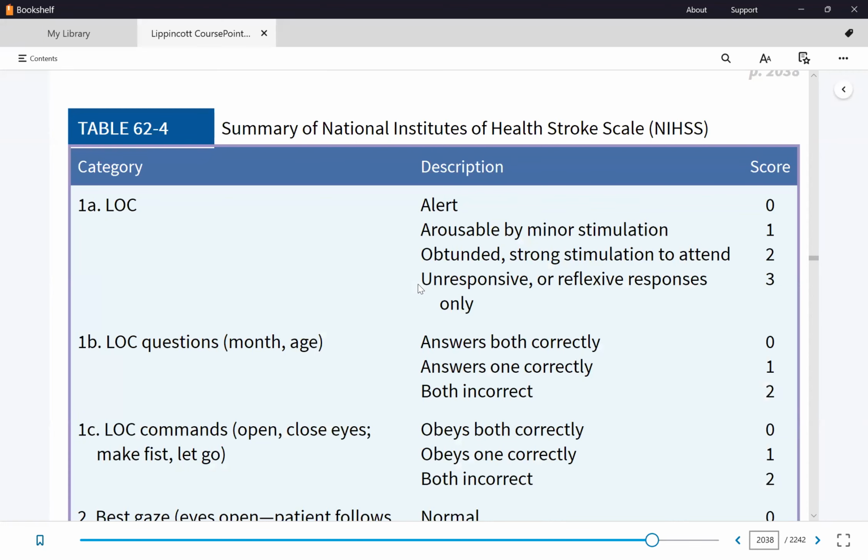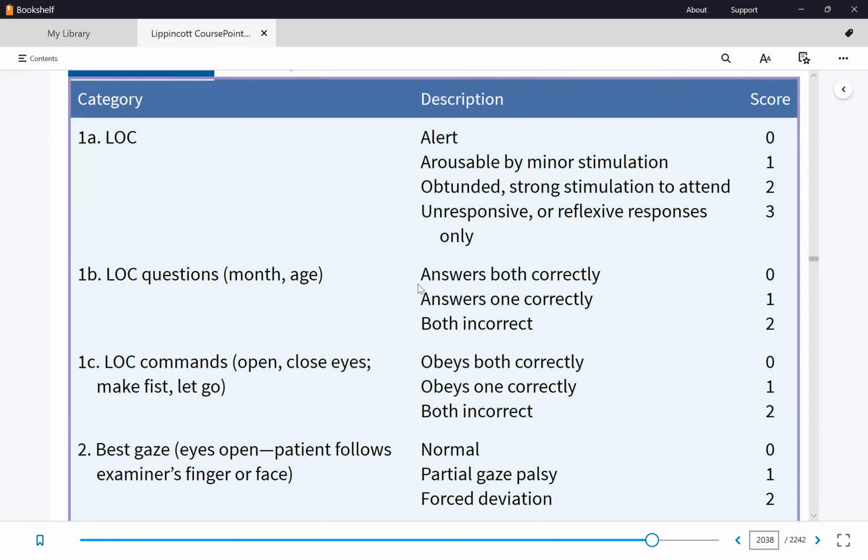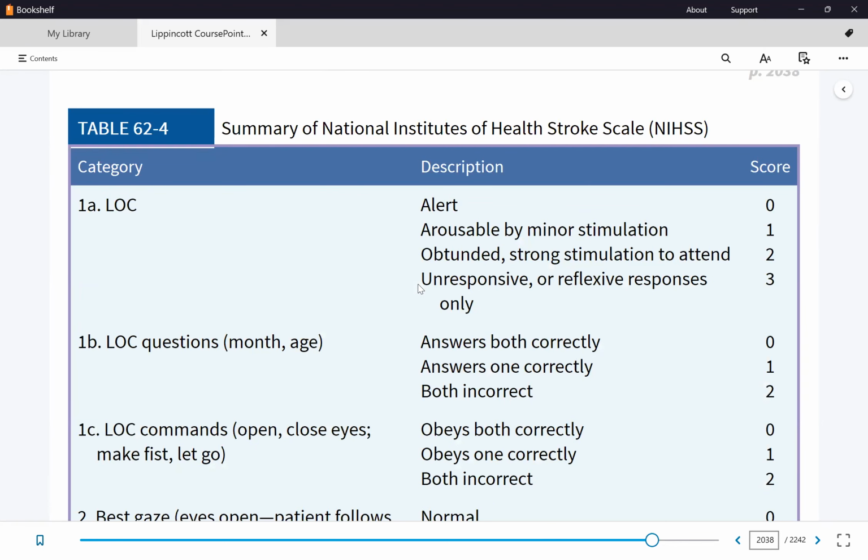This is the NIH stroke scale. I mean, it's a complicated assessment tool. I had to go through 2.5 hours of training because to get certification, you watch videos. For the exam, you get about 8 to 16 questions, depending on which website you go to for the certification.